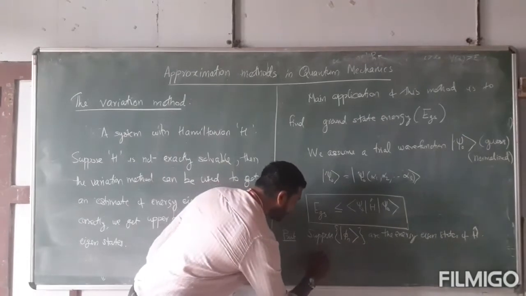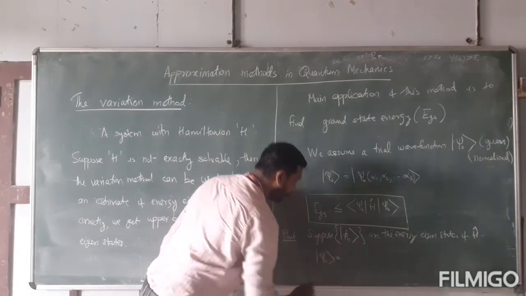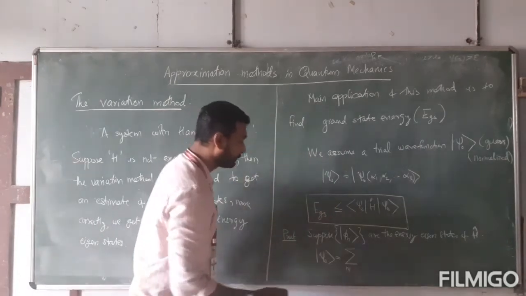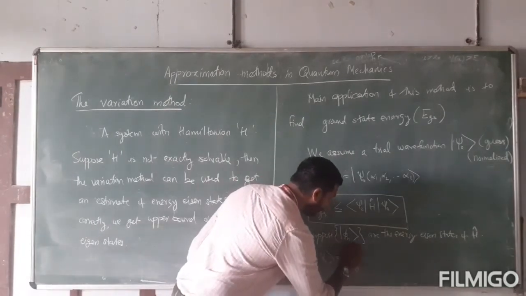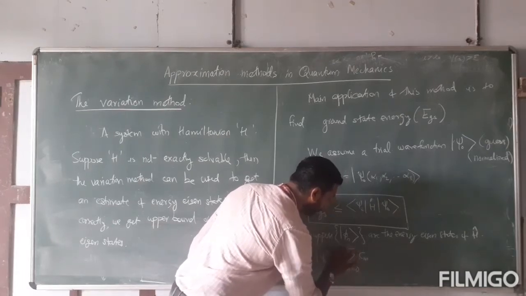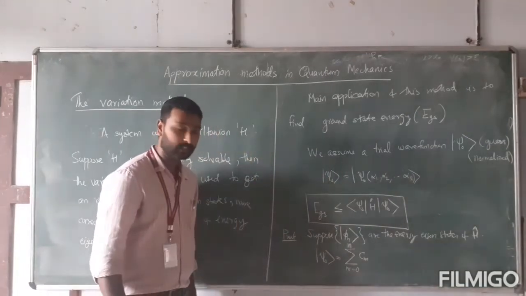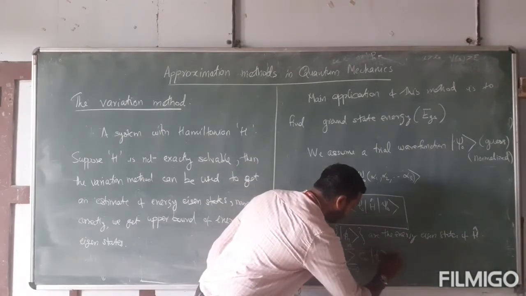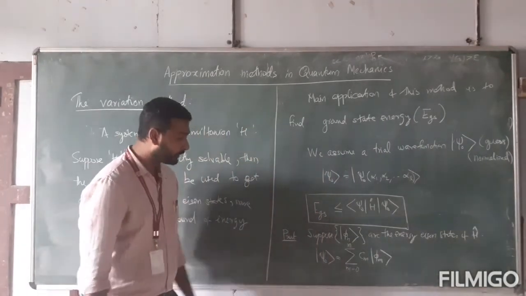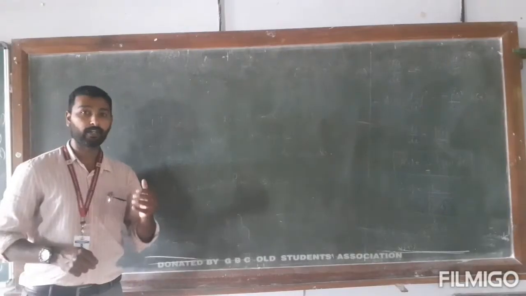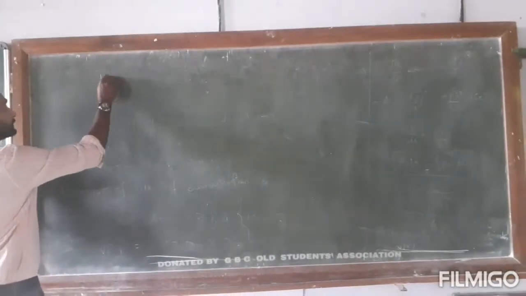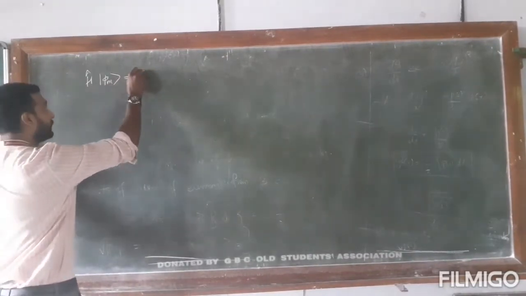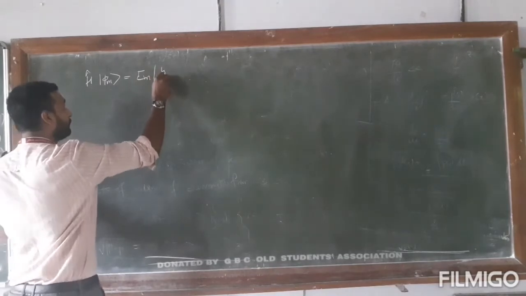So it is possible to expand psi 0 as a sum over m from 0 to infinity, maybe in some n-dimensional vector space, of C_m phi_m. Here phi m are the energy eigenstates, so the Hamiltonian acting on phi m will give E_m phi_m.